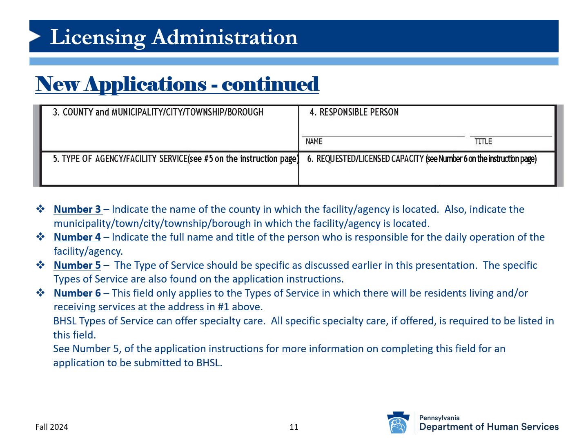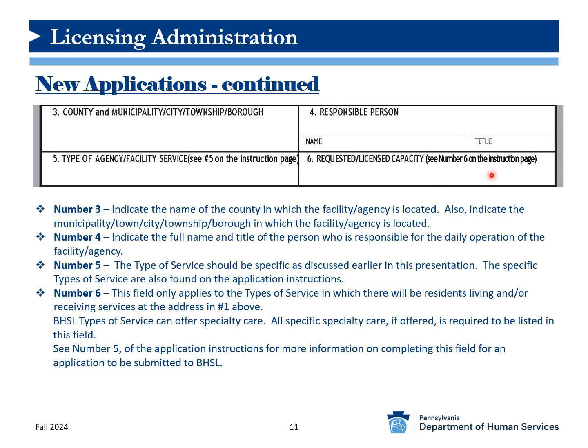Number 6 is the requested license capacity. So this field applies to types of service in which there will be residents living and/or types of service where the services will be provided at the address in number 1, and you indicate a number of people that you would see at one time.